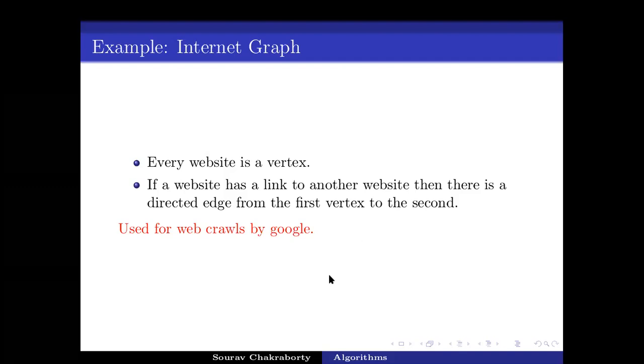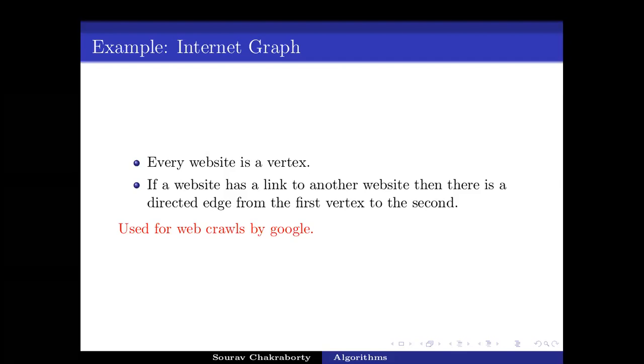A pretty good way is to model every website as a vertex, and suppose website A has some links to website B. Suppose there is a web page of Fermat's little theorem on Wikipedia, and that page is referred to in hundreds of places, right? So that web page is directed to from all those web pages.